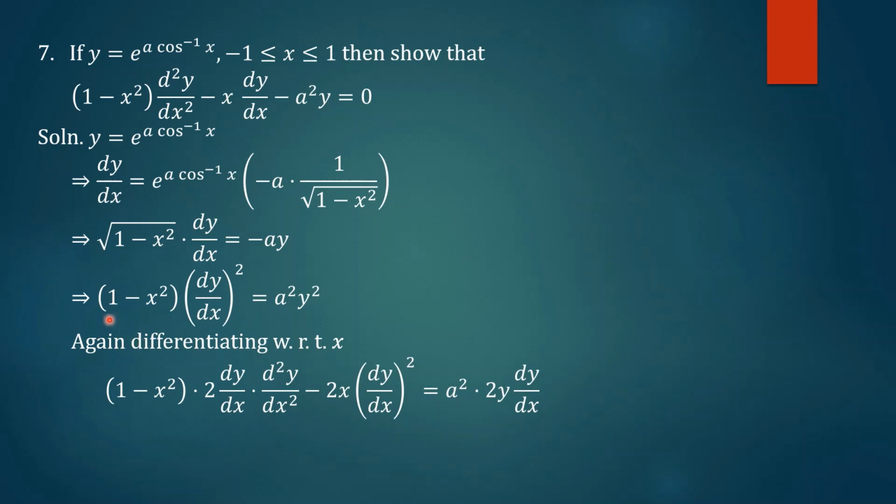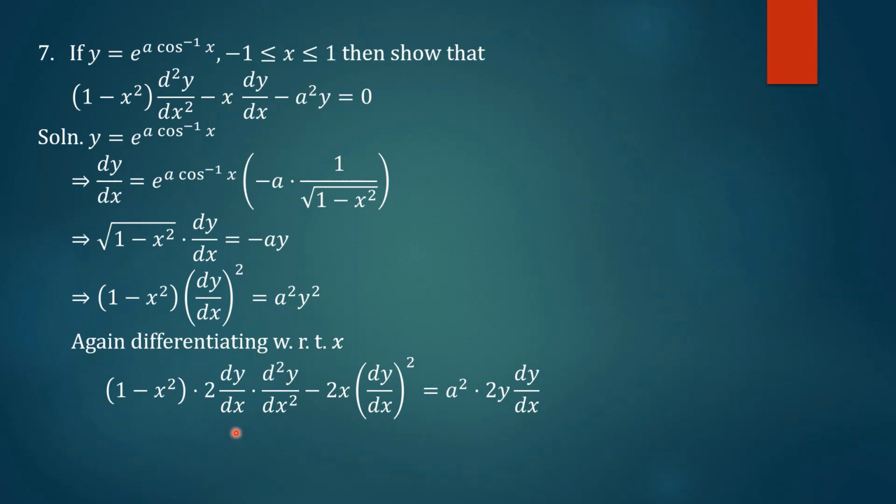Then the derivative of the first function, it is minus twice x. We have written here minus twice x, and dy/dx whole square is remaining there, is equal to a square, a constant number remaining same, into the y square function derivative is twice y. Then for y you have to write dy/dx. I think you understood this line.